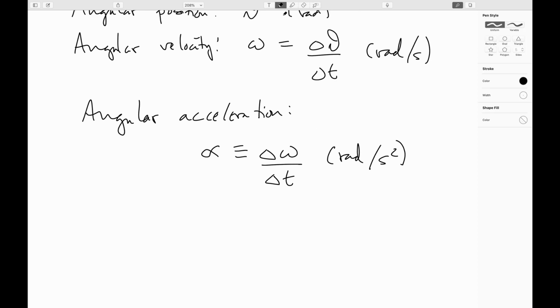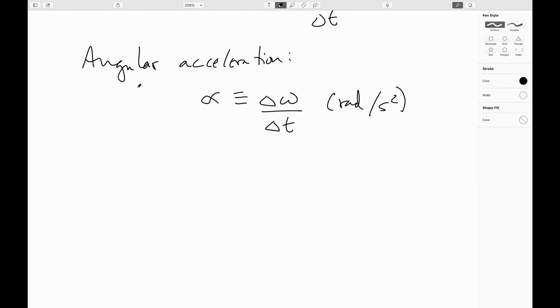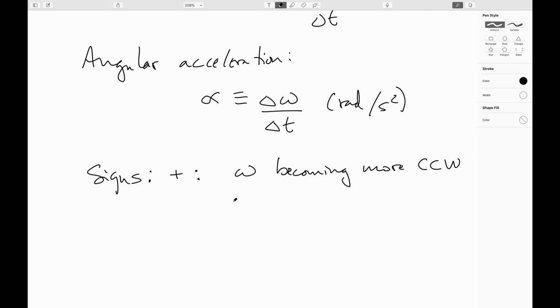All right. So let's think about what the signs of angular acceleration would mean. If the sign is positive, then we're going to be interpreting this as omega becoming more positive. And more positive would mean more counterclockwise. So there are 2 possibilities.